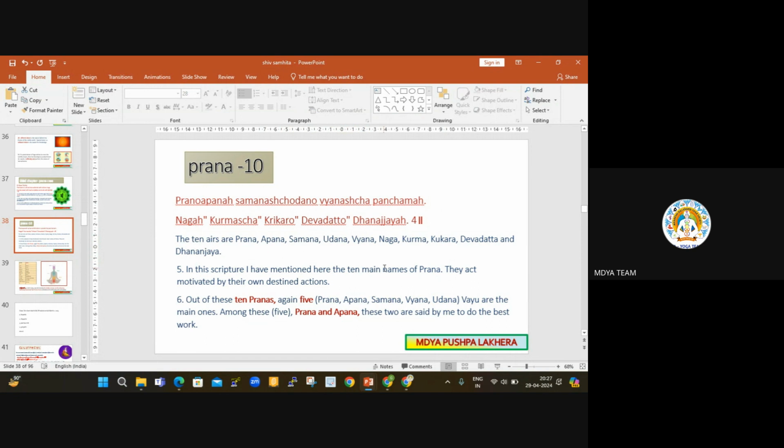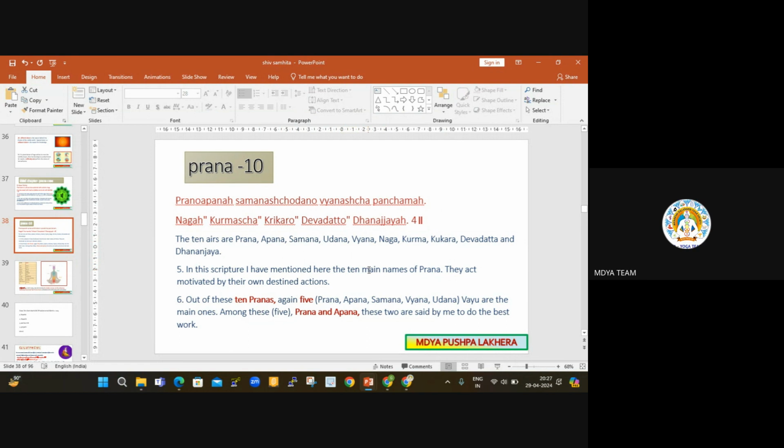According to Hatha Yoga it is different, and the Vasishtha Samhita mentions it a little differently, but the actual position of udana is the throat. And where is the place of prana? Chest, yes, very good.